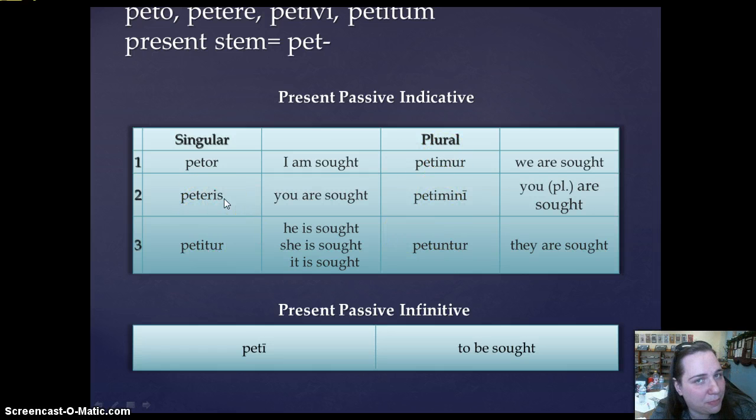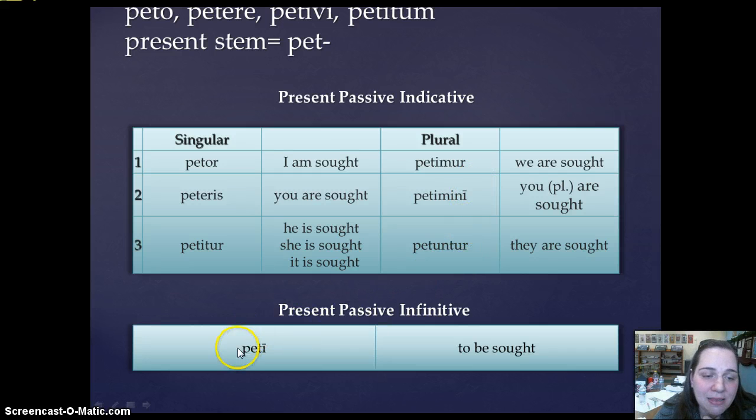Now, in the present passive indicative for the third conjugation, for the second person singular, instead of an I, you add an E, and then your personal passive ending -ris. For the third singular, first and second plural, you add the I plus the personal endings -tur, -mur, -mini. And then for the third person plural, you add the U plus the personal ending -ntur. Which gives you petor, peteris, petitur, petimur, petimini, petuntur.